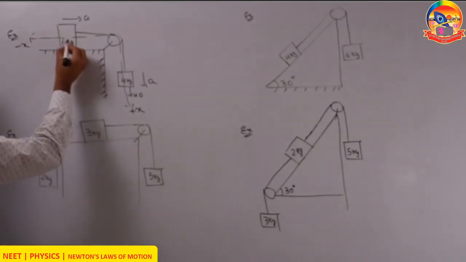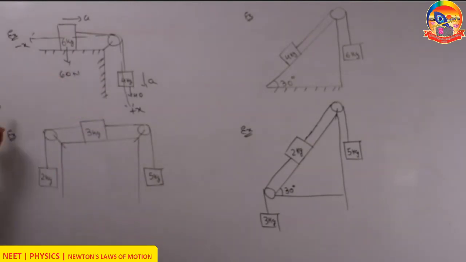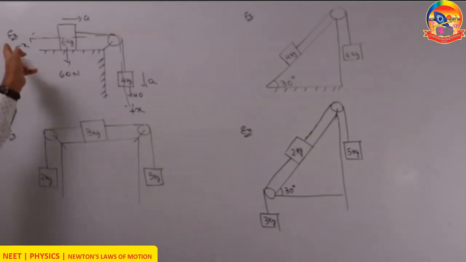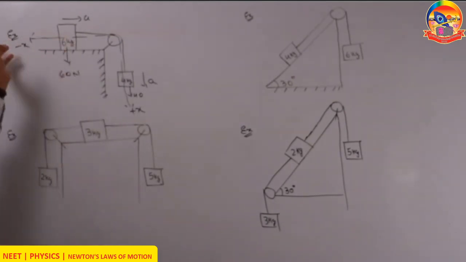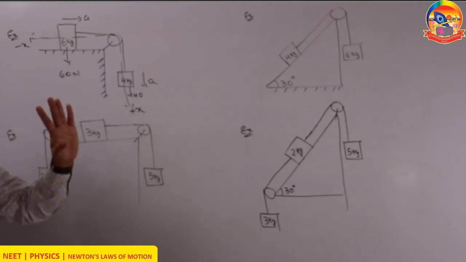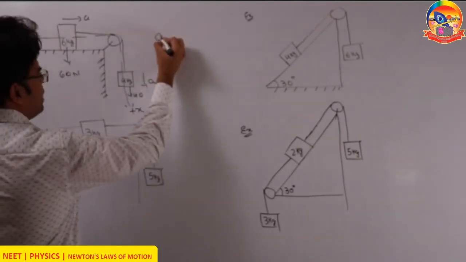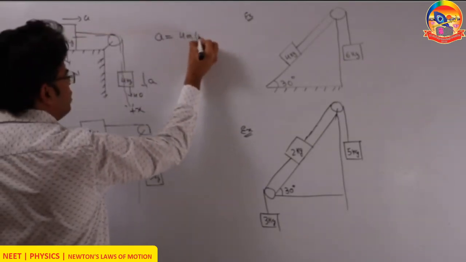But on 6 kg, the force of gravity acts vertically downward, perpendicular to the axis. That's why there is no component of this force of 60 along the axis. So the net force trying to move the whole system along the axis is only 40. The mass of the whole system is 10. So the acceleration is 40 by 10, that is 4 meter per second square.